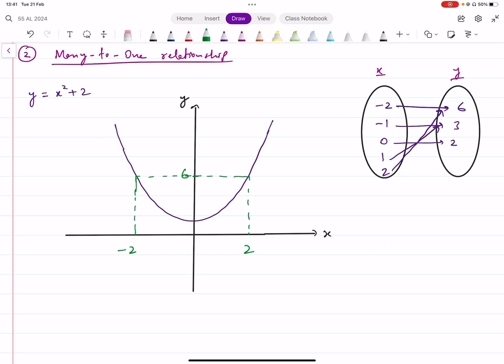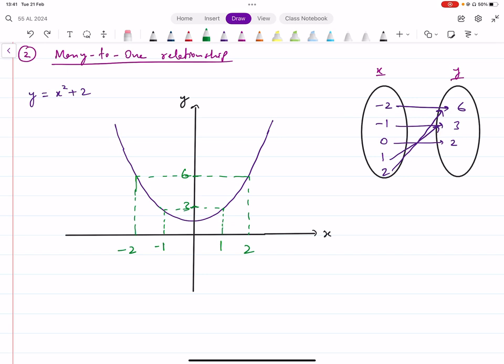And similarly, if this was 3, -1 and +1, they're also giving you the same value. So there are multiple values of x which are giving you the same value of y.